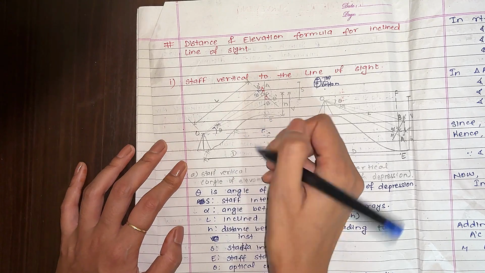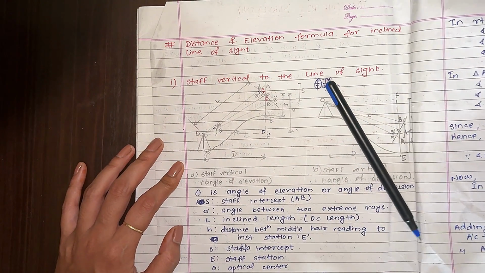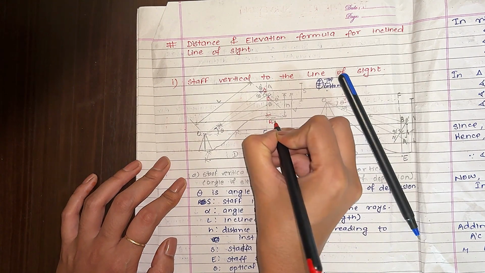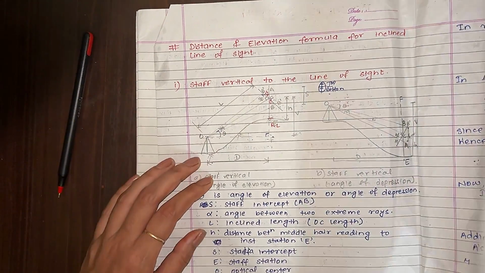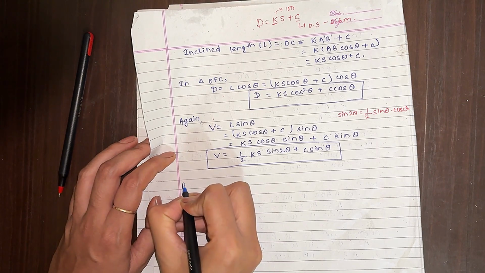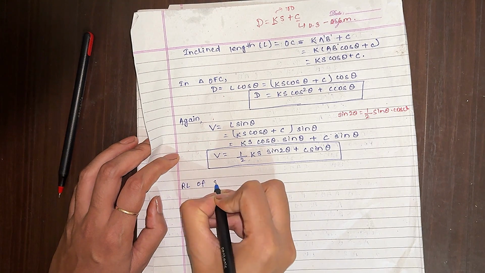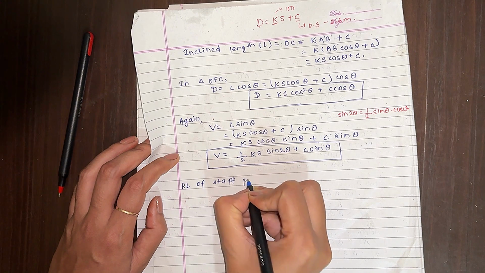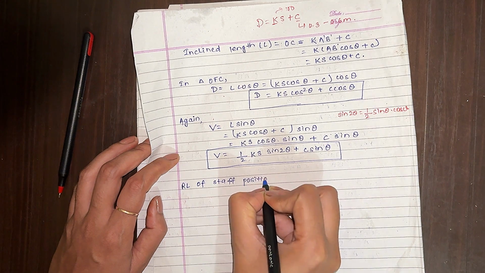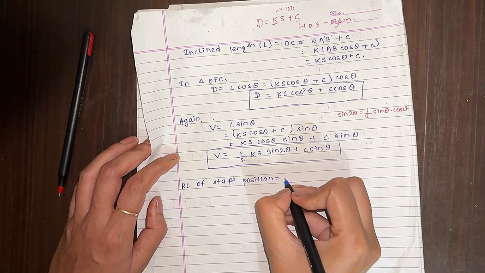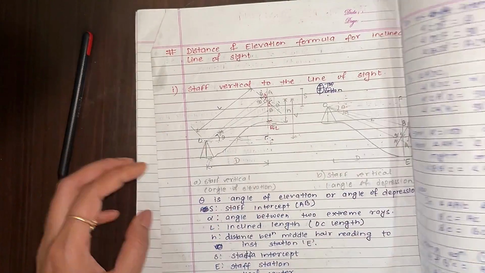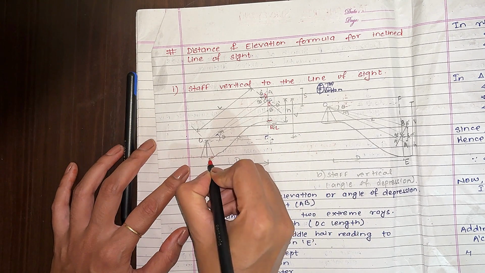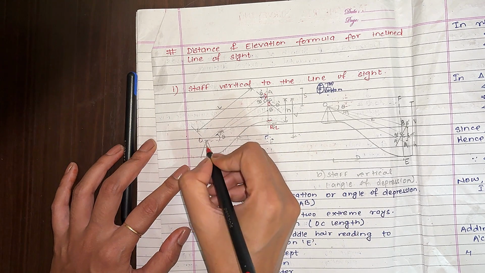Now we have to find out the RL of the staff position, that is here. RL of staff position will be equal to the RL of the instrument station plus the height of the instrument.